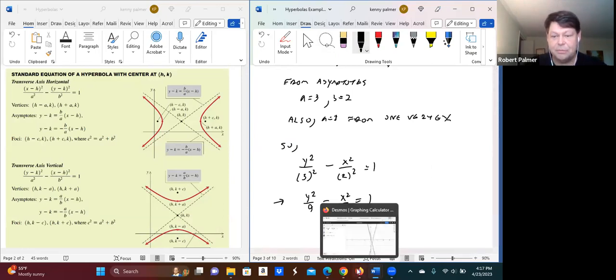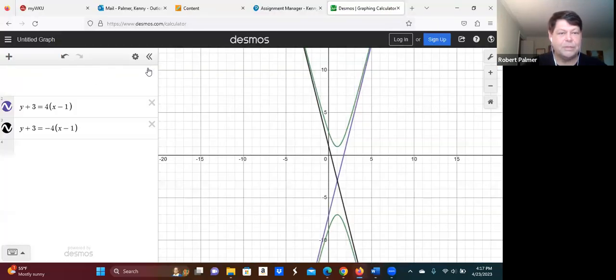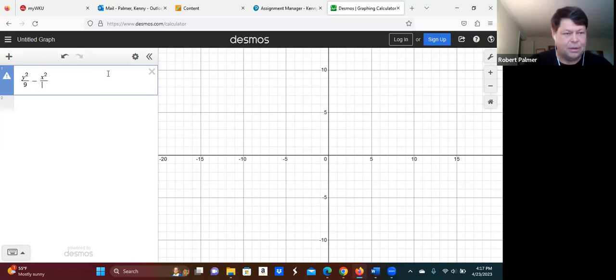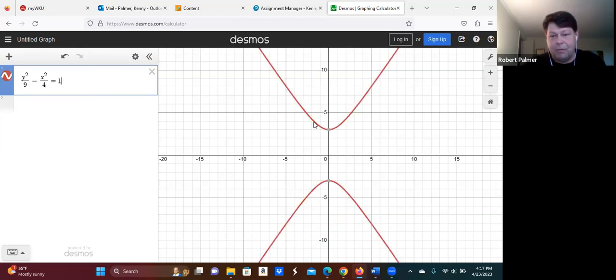Let's go back to Desmos. Let's do another graph. So let me erase these. So I said we had y squared divided by 9 minus x squared divided by 4 is equal to 1. Now, there's one vertex at 3, and here's the other vertex at negative 3.